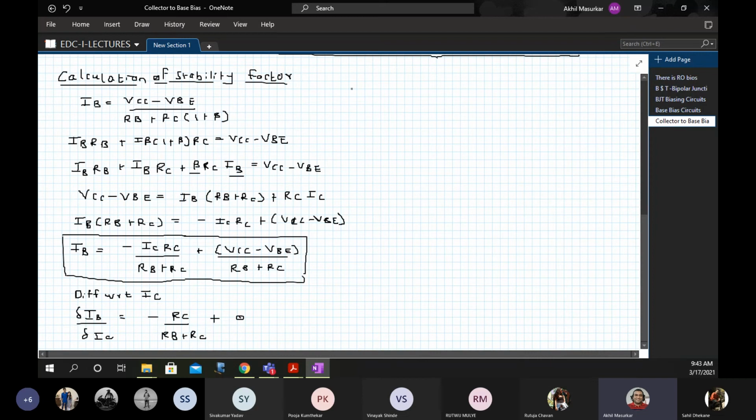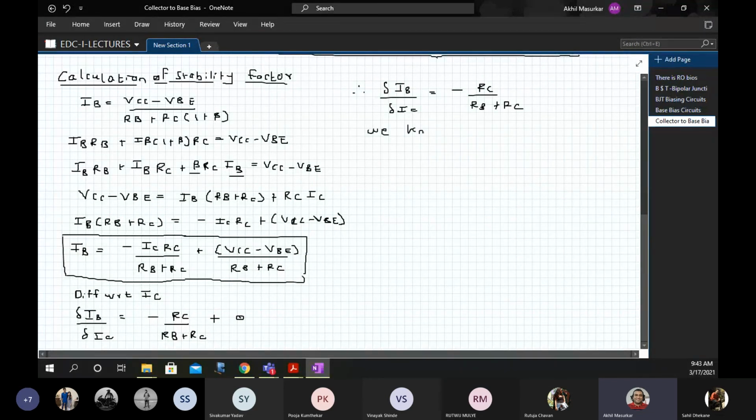Now, therefore, I can write delta IB upon delta IC is minus RC upon RB plus RC.